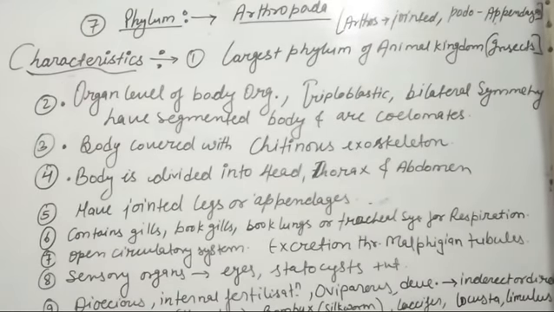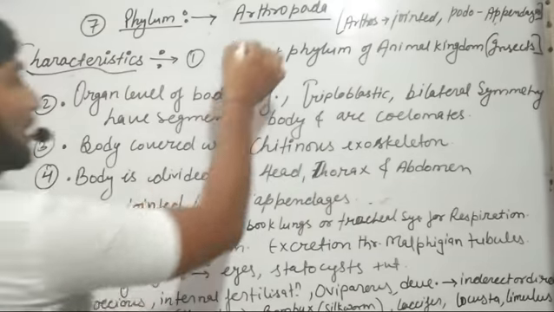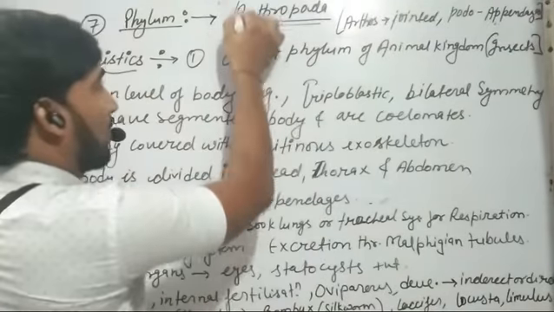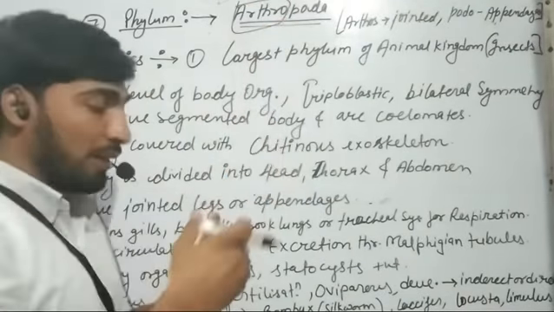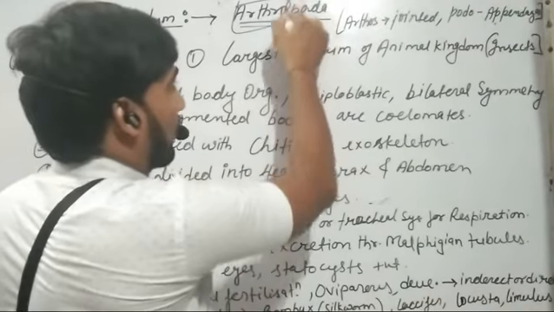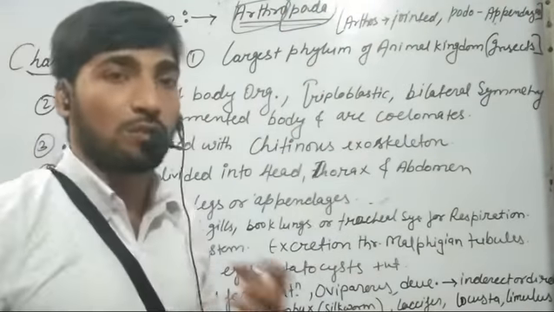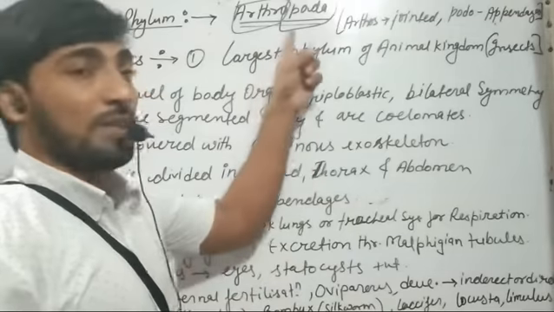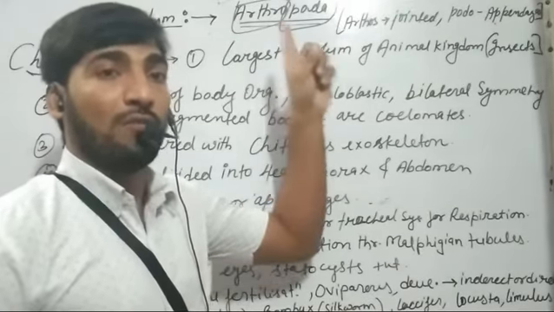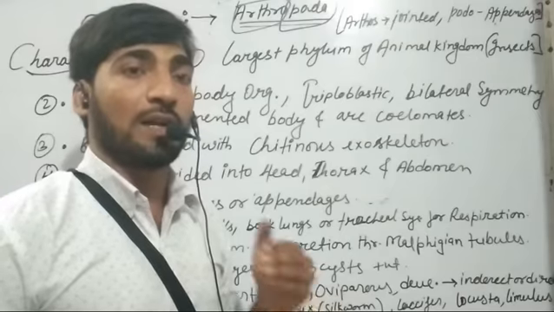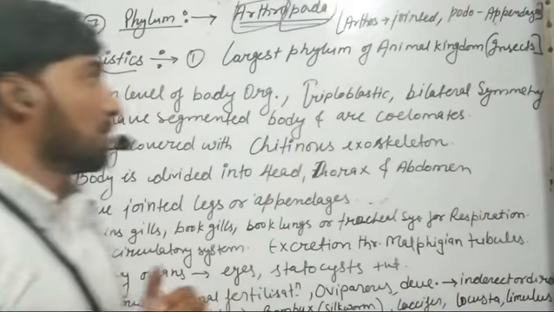Now our next phylum of the animal kingdom is Arthropoda. This term arthros means jointed, and poda means appendages or legs. So the organisms that belong to phylum Arthropoda have jointed appendages or jointed legs.